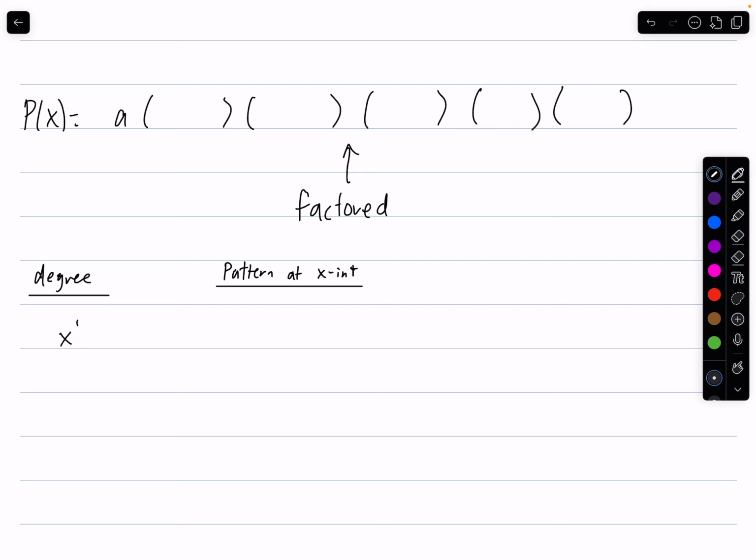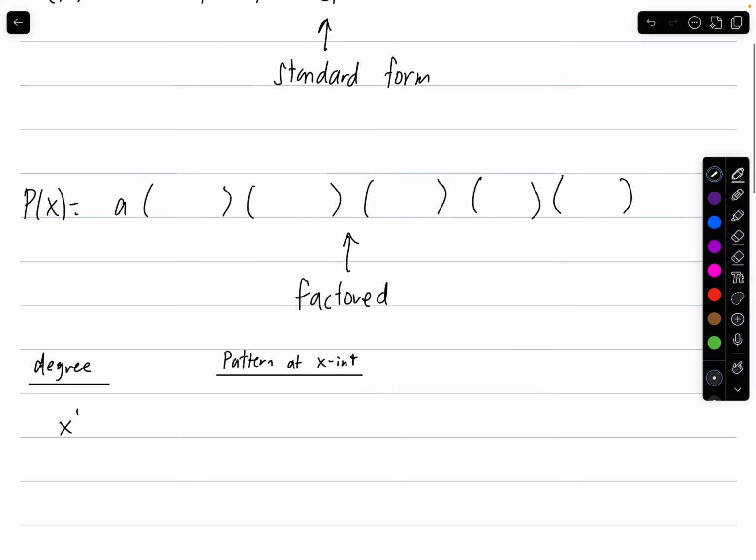Because remember, all the factors are x-intercepts. All these factors are x-intercepts of the polynomial function. So when we're graphing these, the reason we factor them is so we can find the x-intercepts. But now that we know the x-intercepts, we need to know what the pattern is at the x-intercept.